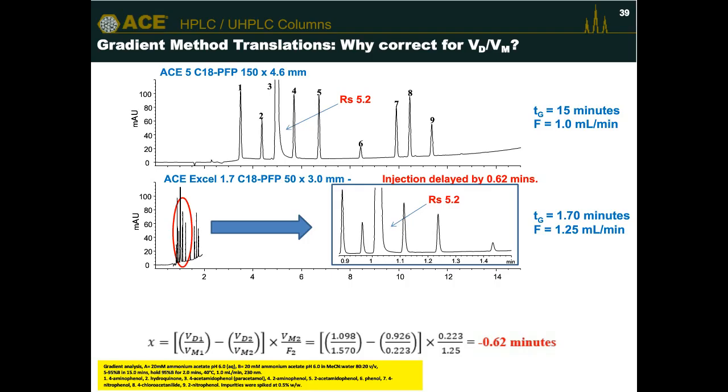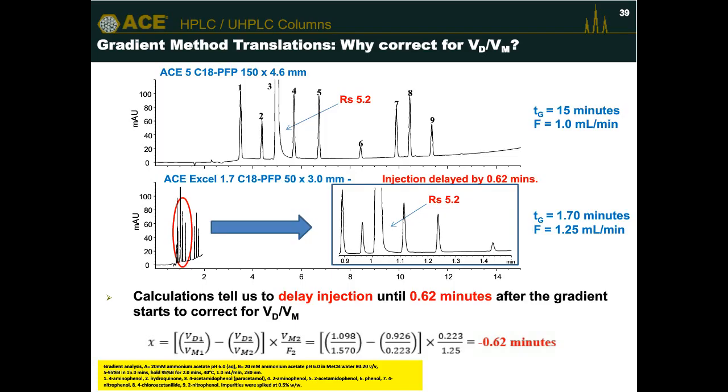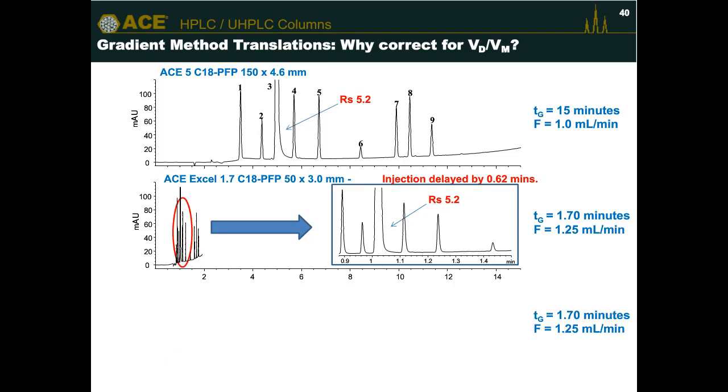So we have to times that by the new column volume over the flow rate, which suggests that we need to start the gradient and then inject after the gradient started, because the dwell volume, or the difference between the systems is significant. If we don't do that, what happens is we lose the resolution.